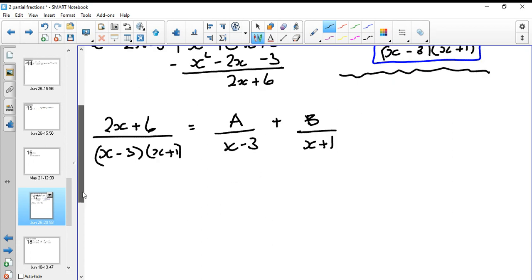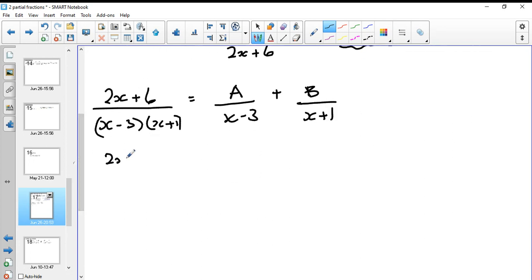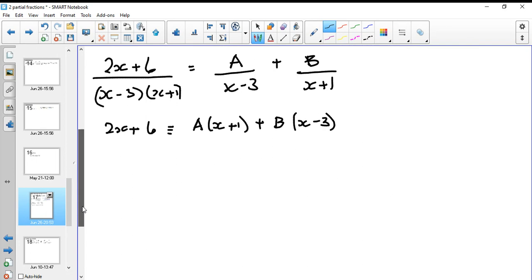Now let's equate the numerators. So 2x plus 6 equals, to get from here to here, we need to times by x plus 1. To get from here to here, we need to times by x minus 3. And then we can substitute.